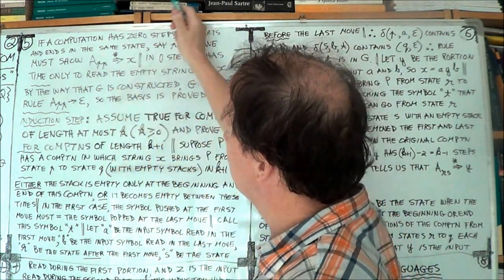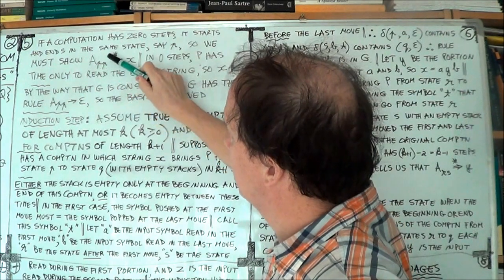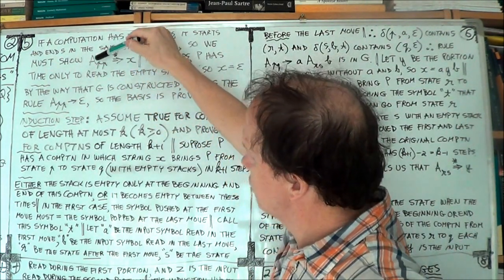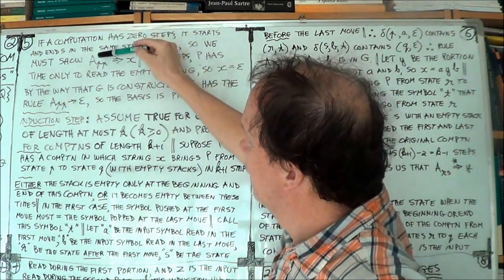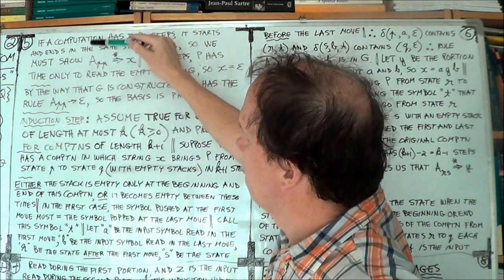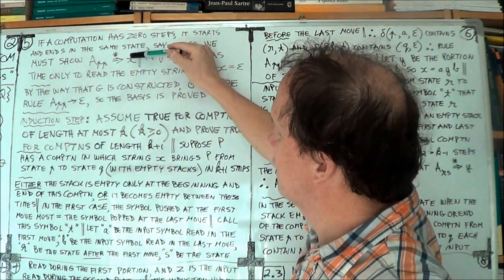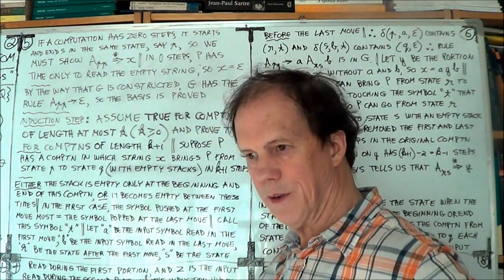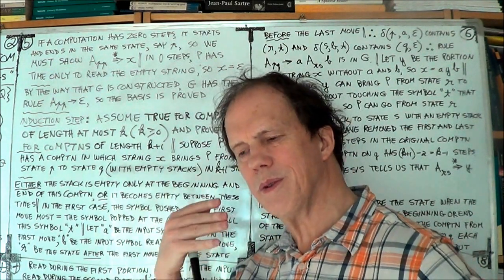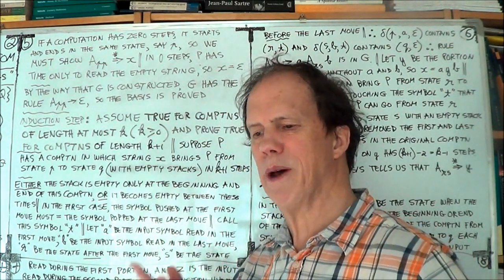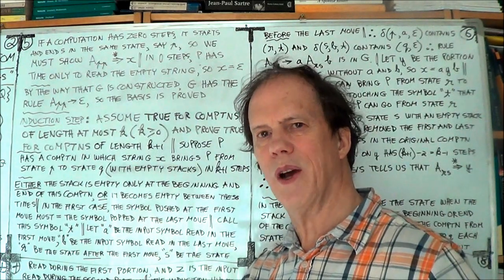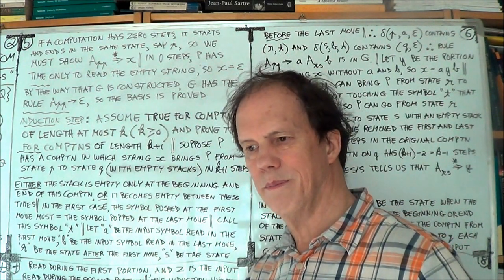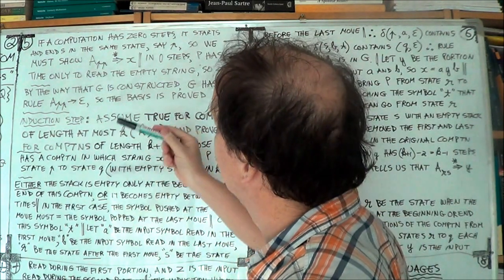So we have to show that when it's in the same state at the end, initial state little p and final state little p, this variable produces an x that would be the same for the machine. The whole point is we're trying to show that this grammar behaves the same way as the PDA.